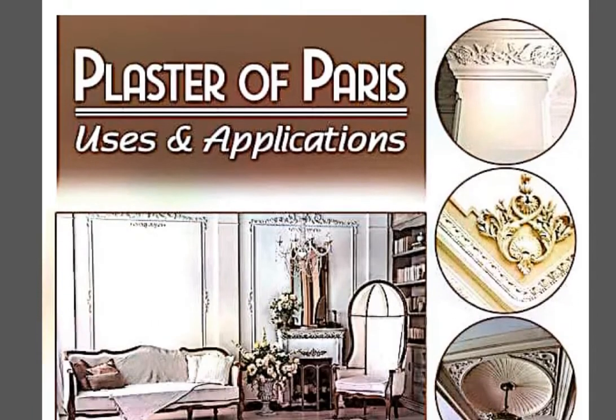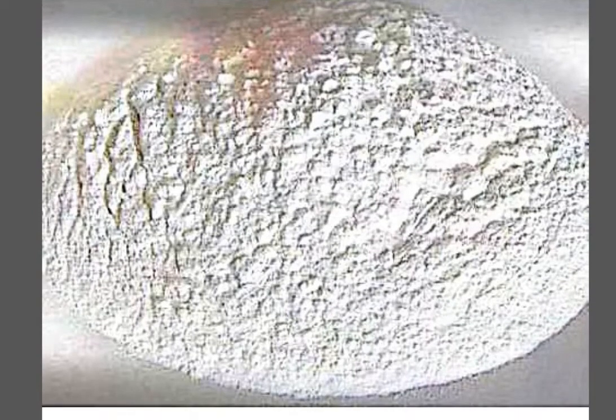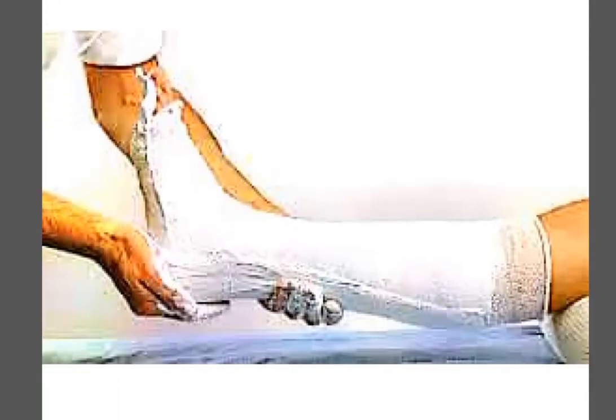Now let's see the different uses and applications along with the preparation. How is it done and how does it look? This is how the gypsum powder looks initially. This is something which you all must have seen in your everyday life.